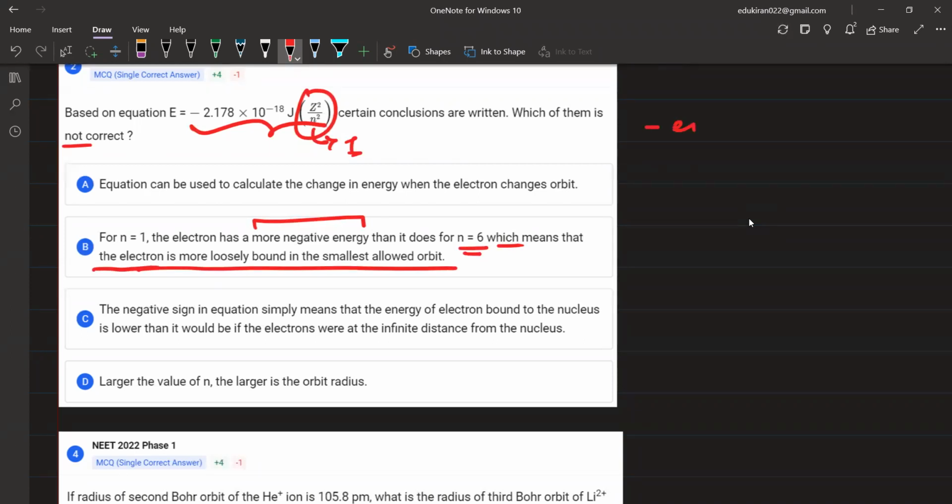If you have negative energy, please remember this: negative energy talks about attraction. If you have highly negative energy, that means there is a large attraction.